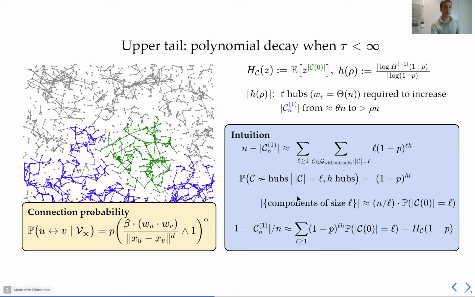So if we now compare this expression here on the right to 1 minus rho, then it's exactly this formula that pops up at the top. So this gives us intuition for the number of hubs that we need to increase the size of the giant from theta n to rho n. And this rounding up is needed because the number of hubs can, of course, only be an integer.